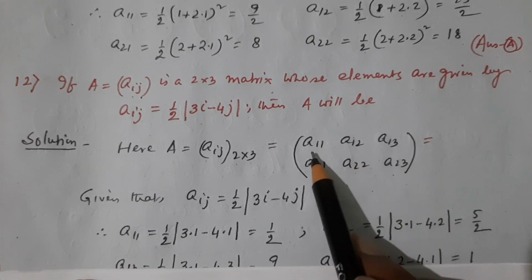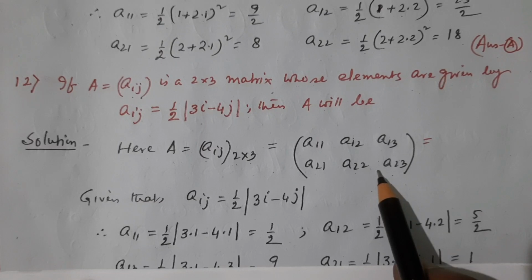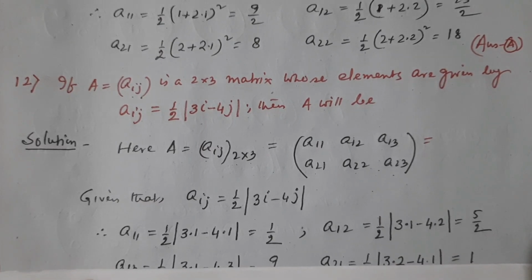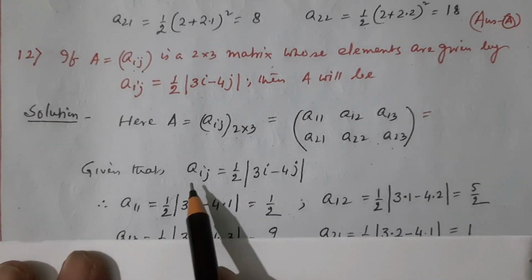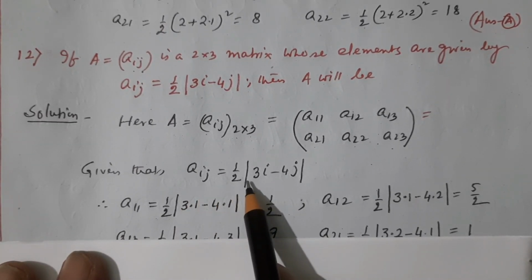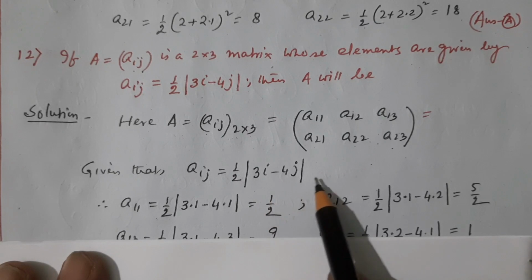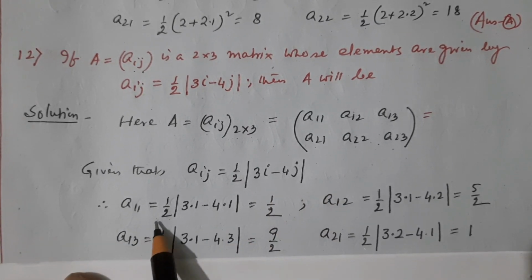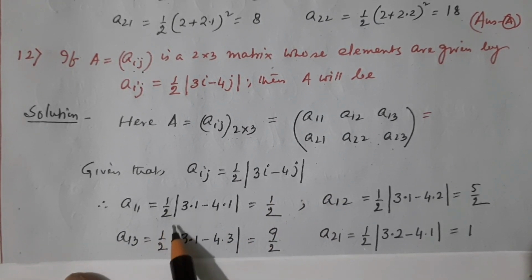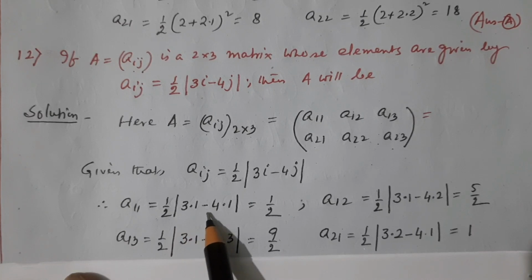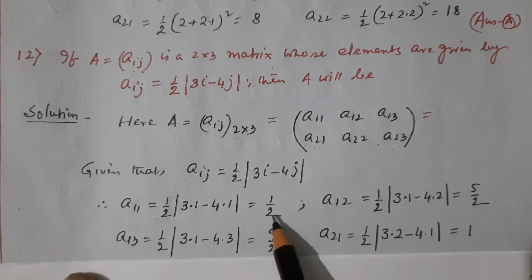We evaluate each element of this matrix with the help of this relation. Here Aij equals half of modulus of 3i minus 4j. Then A11 equals half of modulus of 3 into 1 minus 4 into 1. If we simplify, we get half.